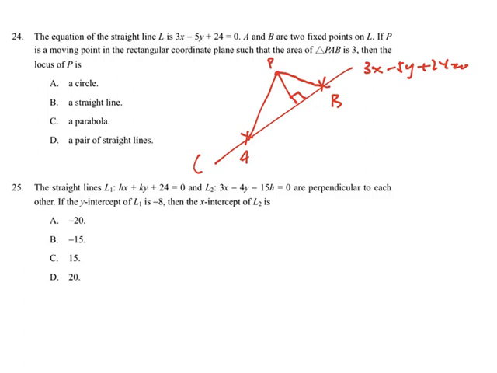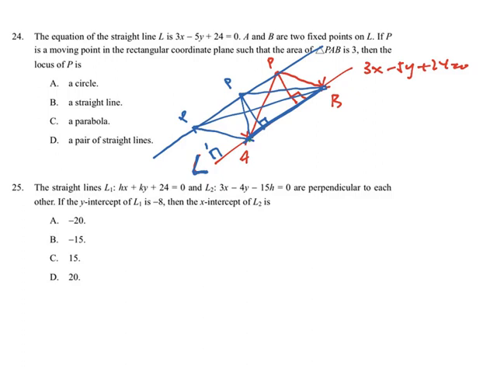So if we consider another point P with the same base and same height, that means if we draw many, for example, like this, base same as AB, height is also this one, that means we can form a straight line parallel to L.